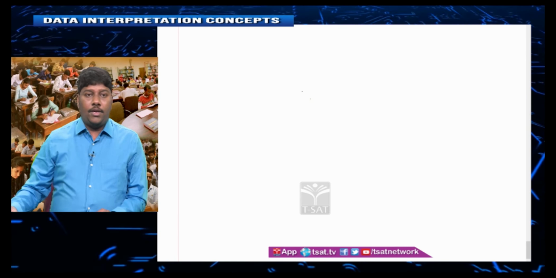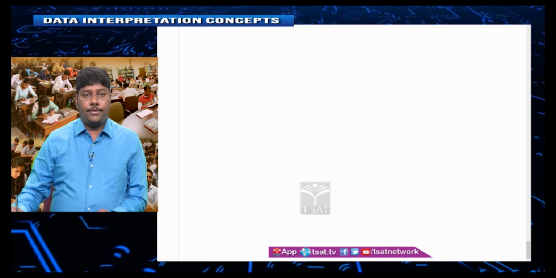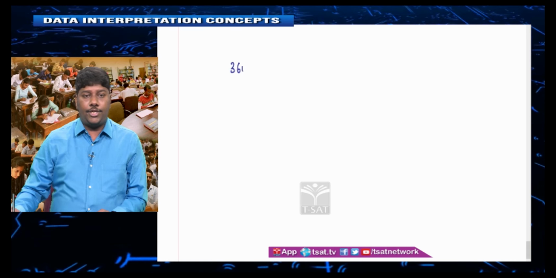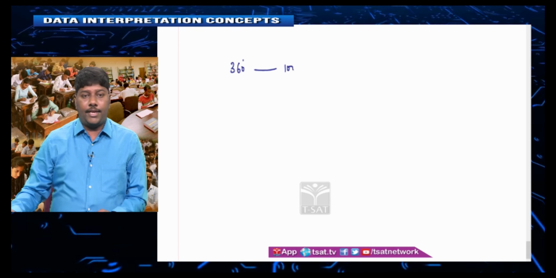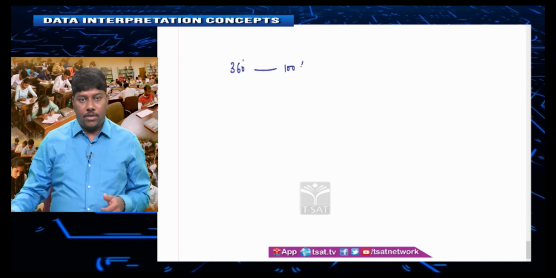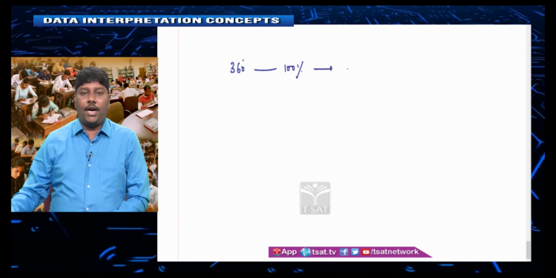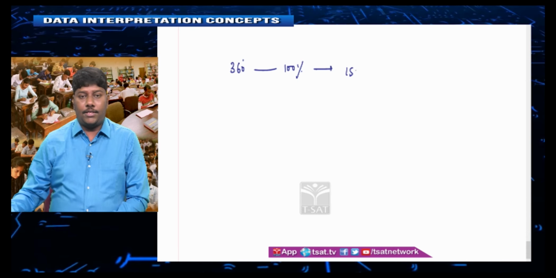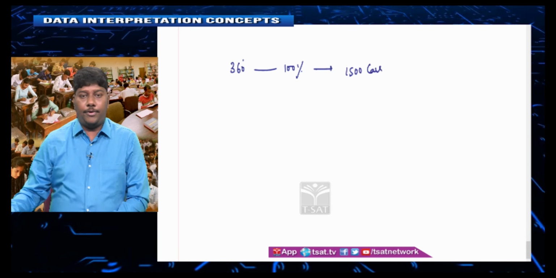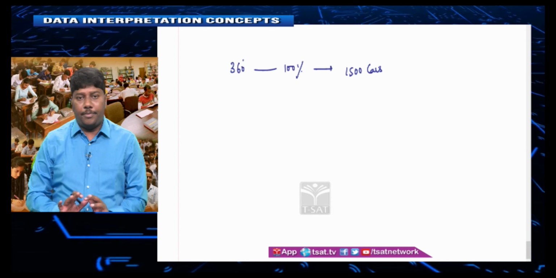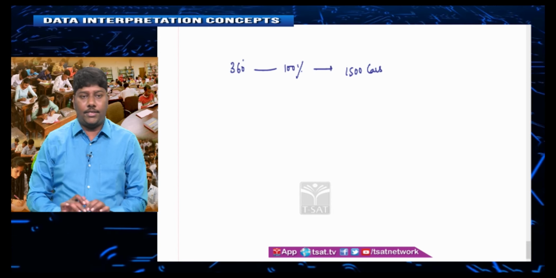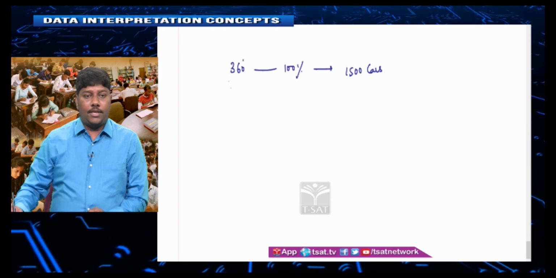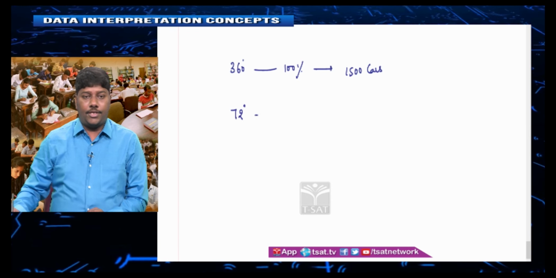And finally, how is proportion useful in this? They'll give you 360 degrees equal to 100% of some data. Let's say the number of cards produced is 1500. Your total cards represented in the pie chart is 1500 cards. Now if I give you only 72 degrees, how much percentage is it?